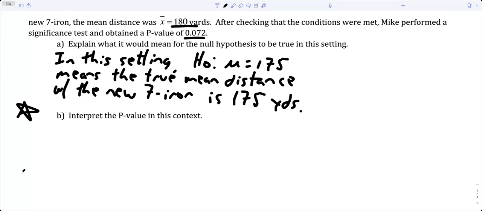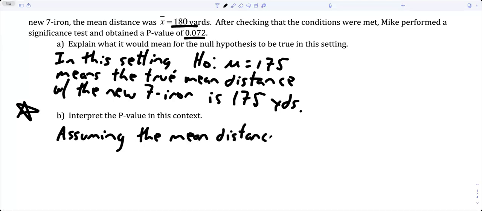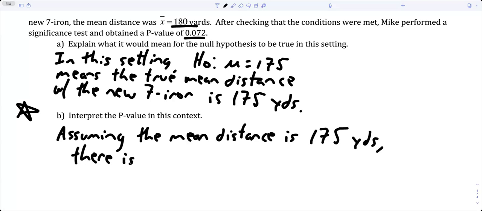So, assuming the mean distance is 175 yards, there is about a 0.072 probability.